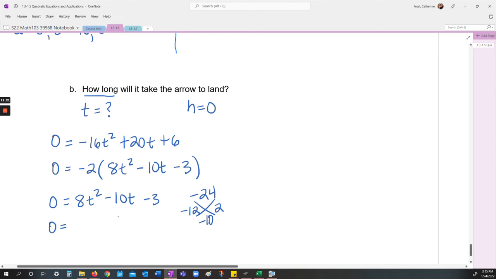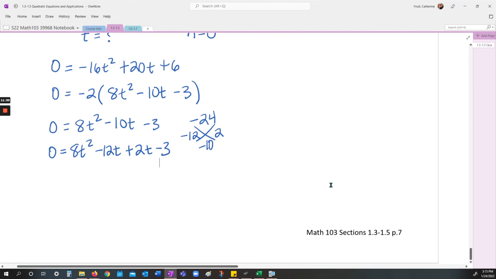So we can set up our factoring by grouping: 8t squared, and then minus 12t plus 2t minus 3. It doesn't matter if you put the 12 or the 2 first, just make sure you've got the right signs. So we can factor 4t out of the first pair, and we'd have 2t minus 3.